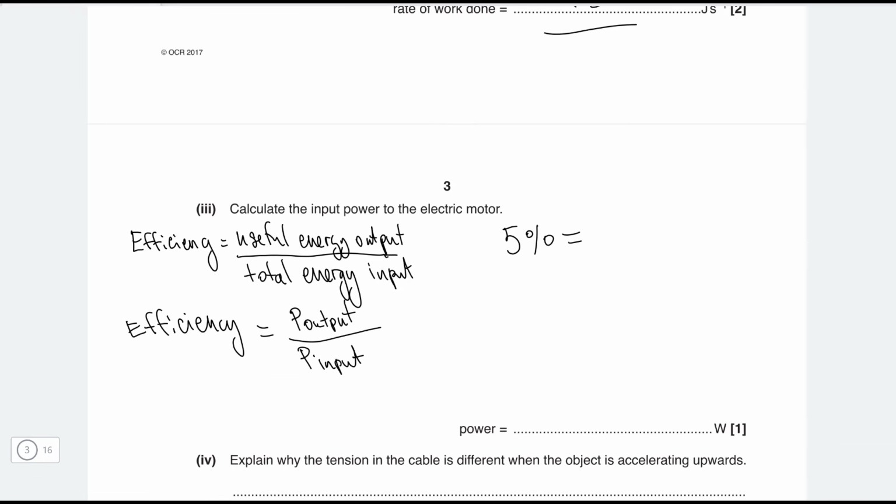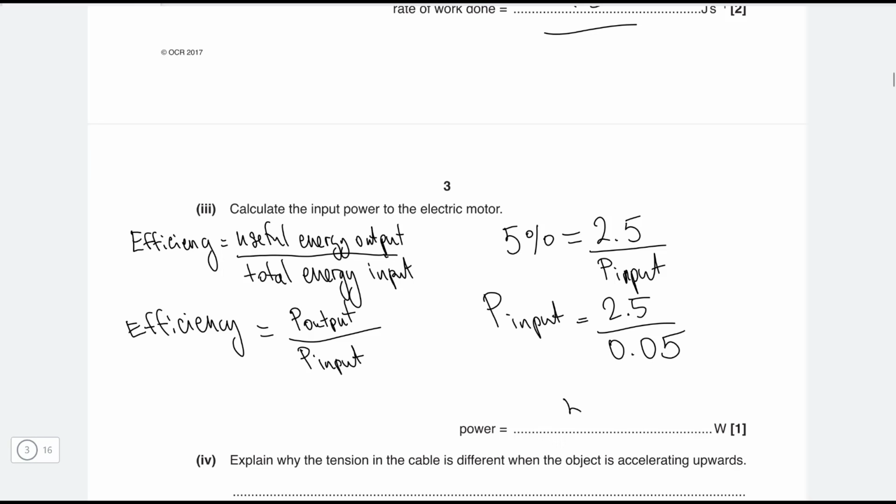So 5% will be equal to 2.5 divided by our input power. So I just rearrange for our input power, which will be 2.5 divided by 5%, which is 0.05. If we divide those two numbers, we're going to get 50 watts.